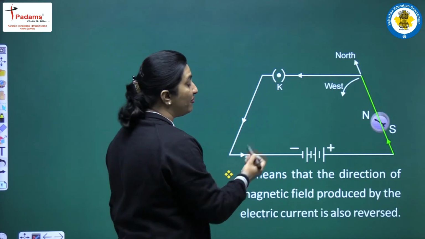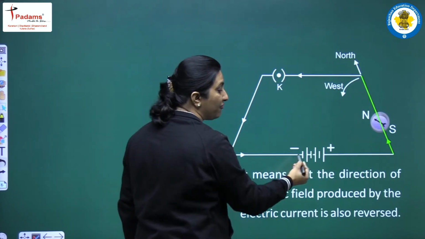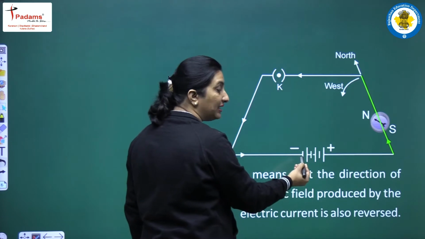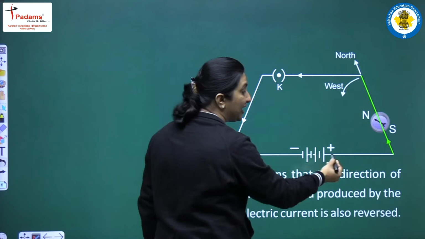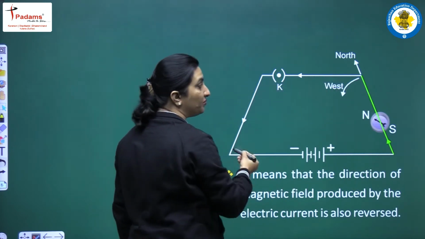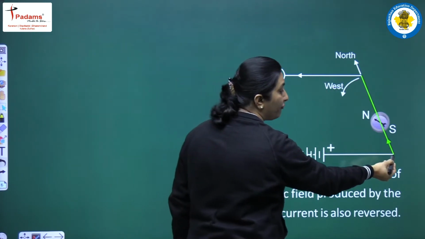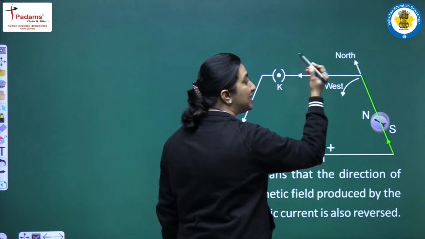Here in the diagram we see that the connections have been reversed, here we have the negative terminal now and here we have the positive terminal. So the direction of current will be like this now. That is, the direction of current is now from the south towards the north.